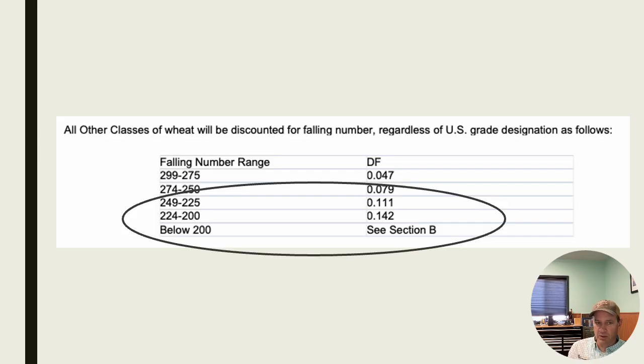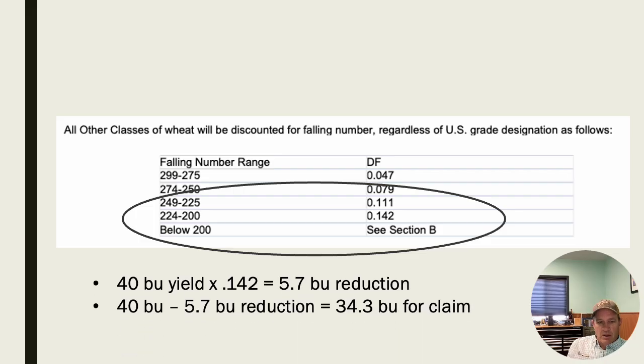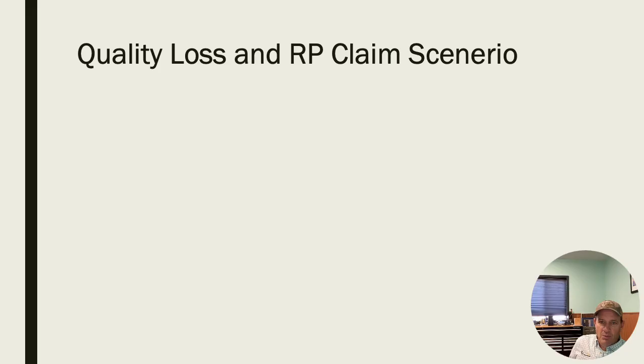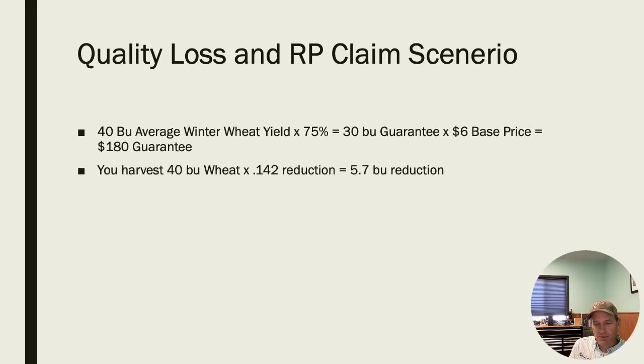So the first thing they're going to do is go on the charts and say, for your 220 falling numbers, we'll reduce your bushels here by 14.2%. So they're going to take 5.7 bushels off of what you harvested and only count 34.3 bushels, or 34 bushels, for your claim. So we're still above our 30 bushel guarantee, but remember they're going to value the 34 bushels at only $5 a bushel because we're in revenue protection as well, right?